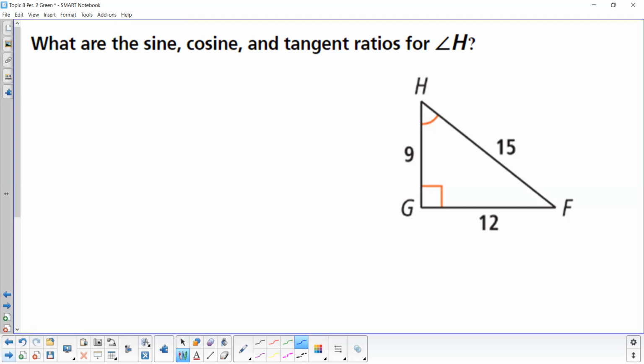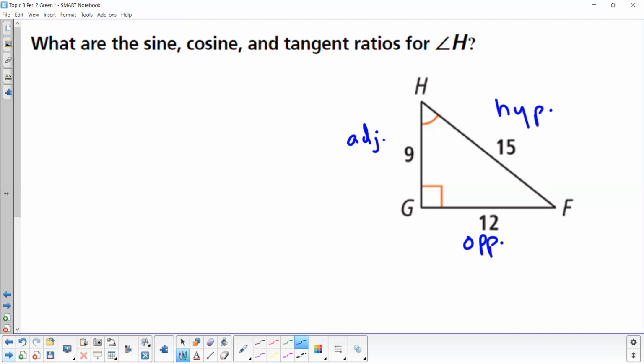The side 9 is next to it, so I'm going to call it the adjacent side. The side 12 is across from it, so I'm going to call it the opposite side. And no matter which angle I'm talking about, 15 is always going to be called the hypotenuse.